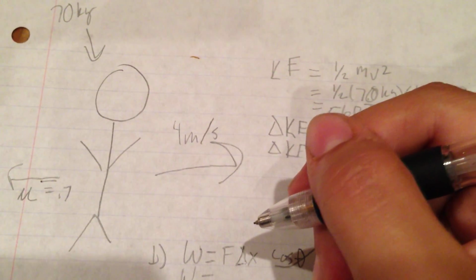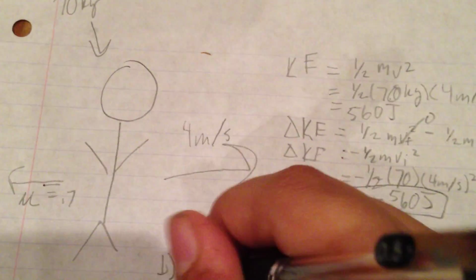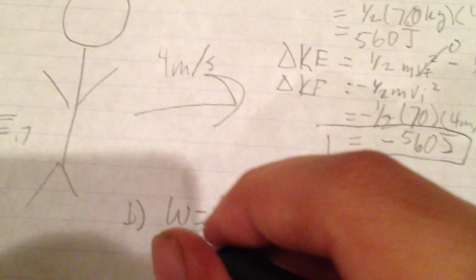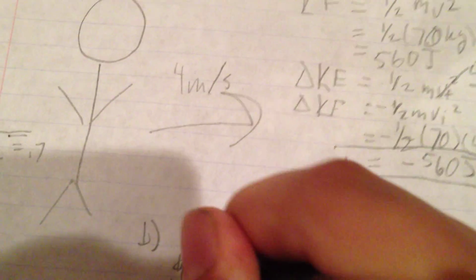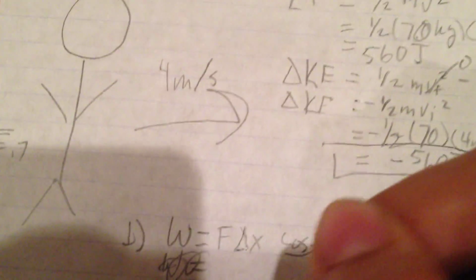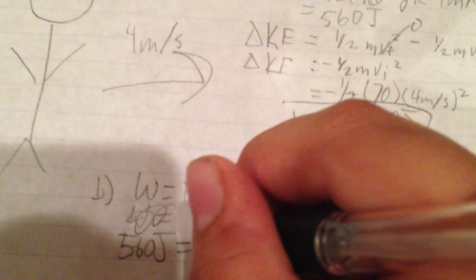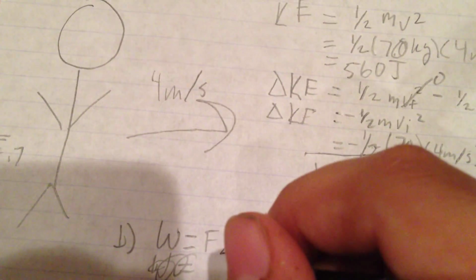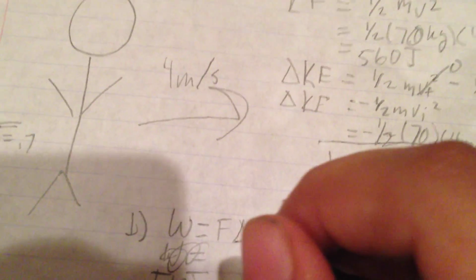So work, you know the work. We found it in this equation, and it is 560 joules. And so the force is friction, the coefficient of friction times mass.